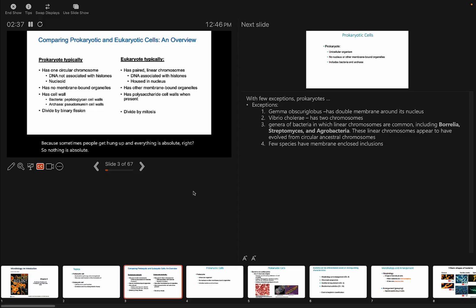Prokaryotes typically have a single chromosome, but I can think of at least a couple examples off the top of my head where there are more. It is typically circular, but I can think of examples where they are linear. Now, in order for that DNA to be packaged within the cell, remember, a prokaryote doesn't have a nucleus, so we're not packaging in a nucleus, but we still do have to package it in the cell.